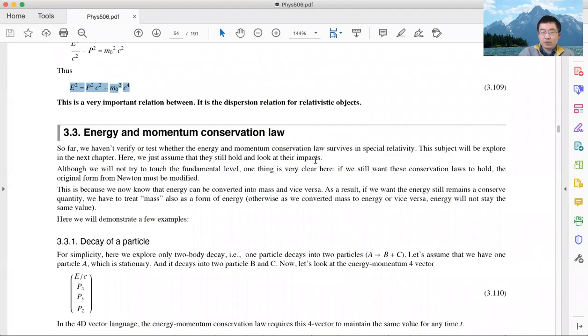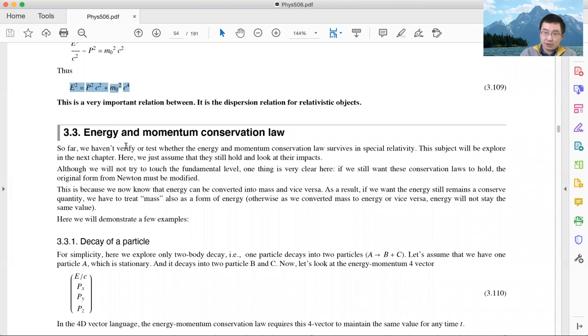Now let's switch to a new topic, section 3.3. In this section, we'll explore the consequence of the energy and momentum conservation law in special relativity. I want to first emphasize that so far, in the previous sections and chapters, we have not yet proved whether the energy and momentum conservation law should survive under special relativity.